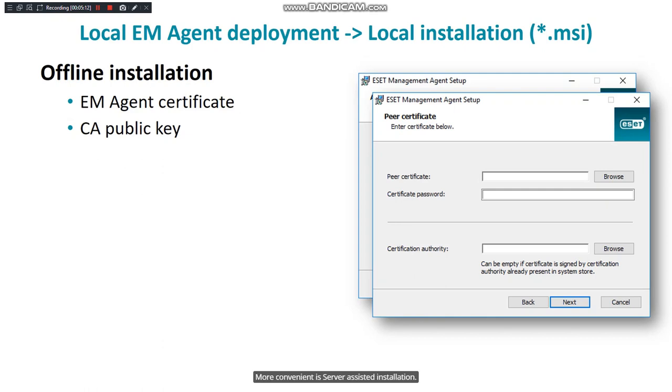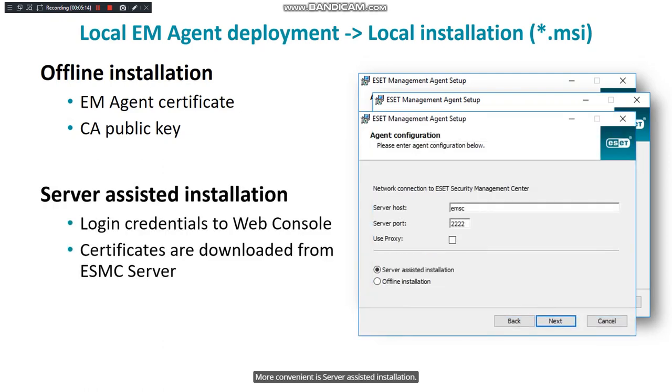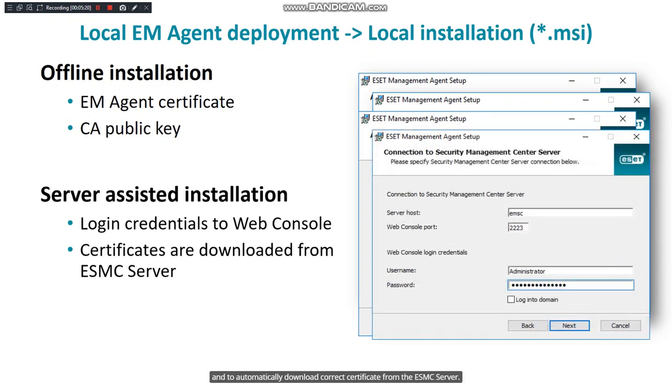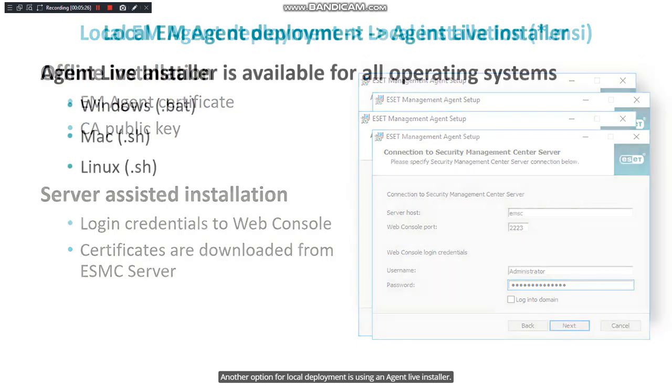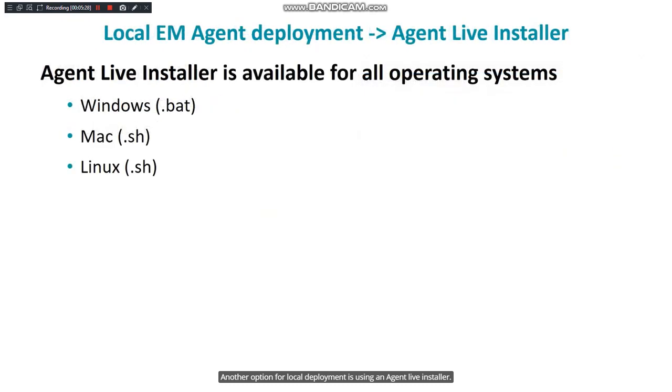More convenient is server-assisted installation. This method allows the installation wizard to connect to web console and to automatically download the correct certificate from the ESMC server. Another option for local deployment is using an agent live installer. It is a script generated from the ESMC web console which is available for all operating systems: Windows, Linux and Mac.